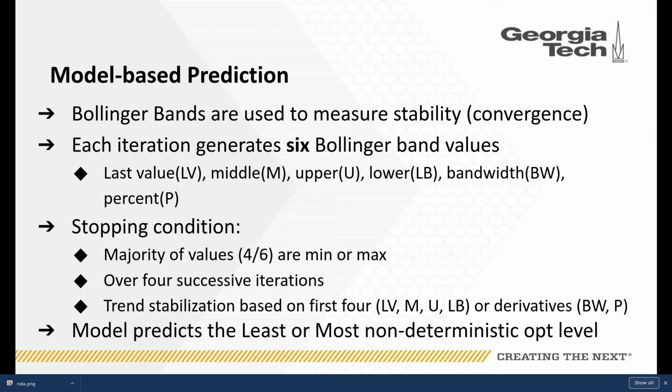The minimum value corresponds to the least non-deterministic version and the max value to the most non-deterministic version. We verify the accuracy of the model by running every version for 80,000 runs and recording its non-determinism in terms of the unique commit orders that are exhibited.